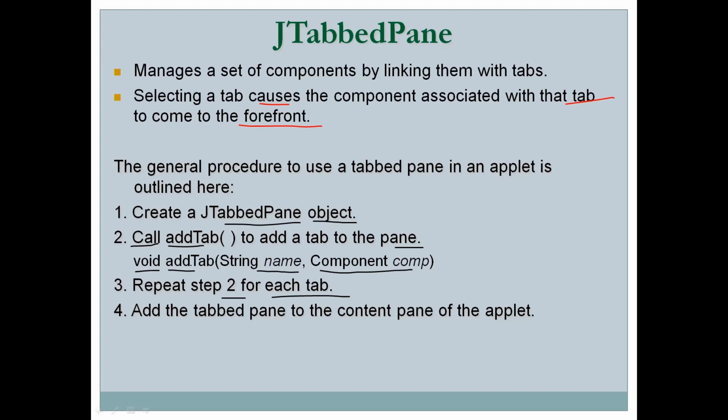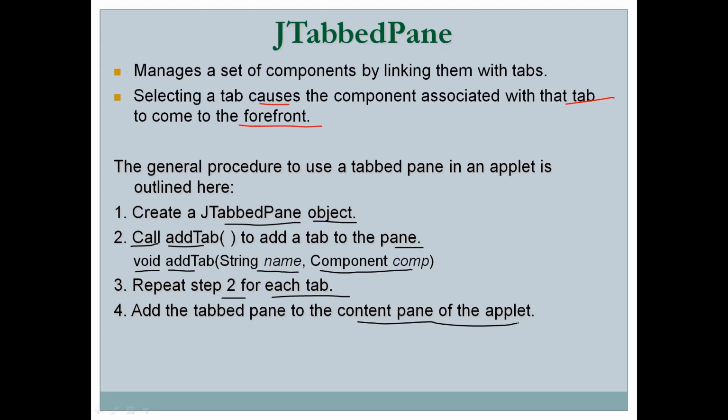For every tab we have to repeat step 2, that is add a tab. Whatever number of tabs you want to add, you can add by repeating step 2. And step 4 is to add the tabbed pane to the content pane of the applet. So this is how we can create a tabbed pane.